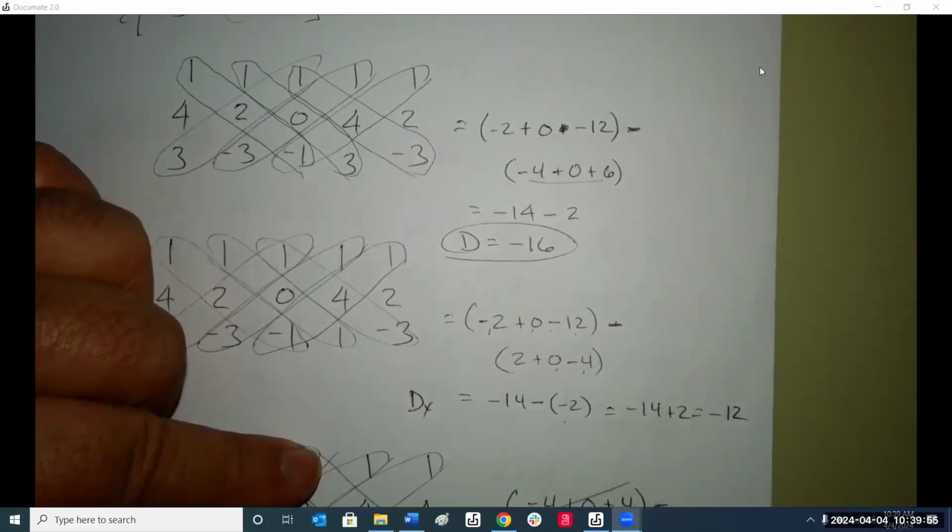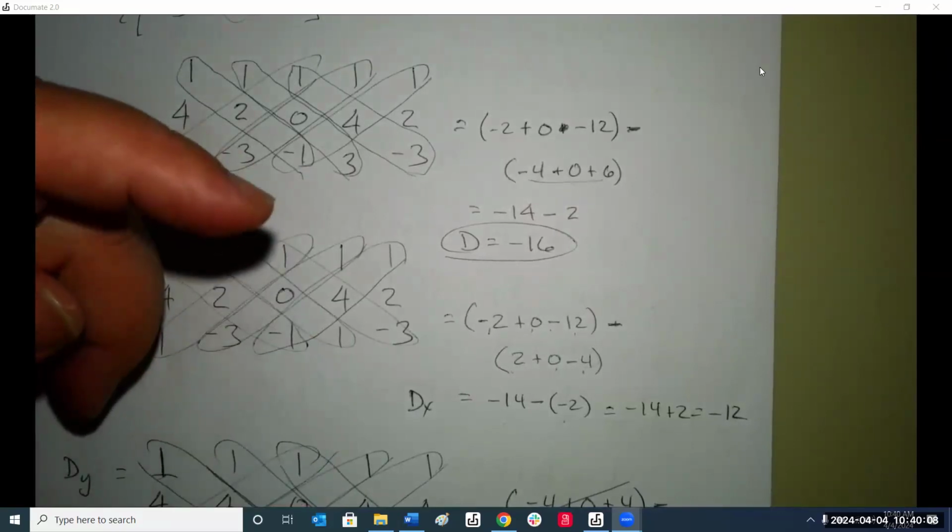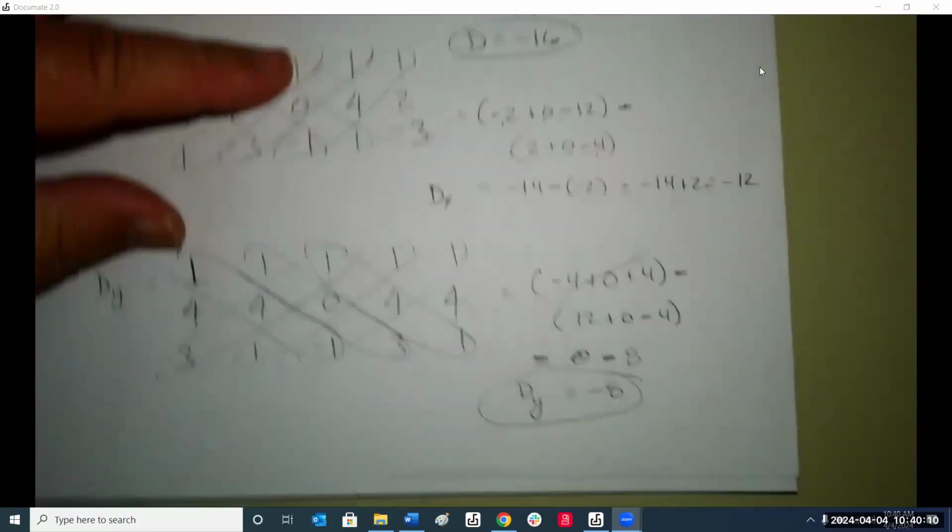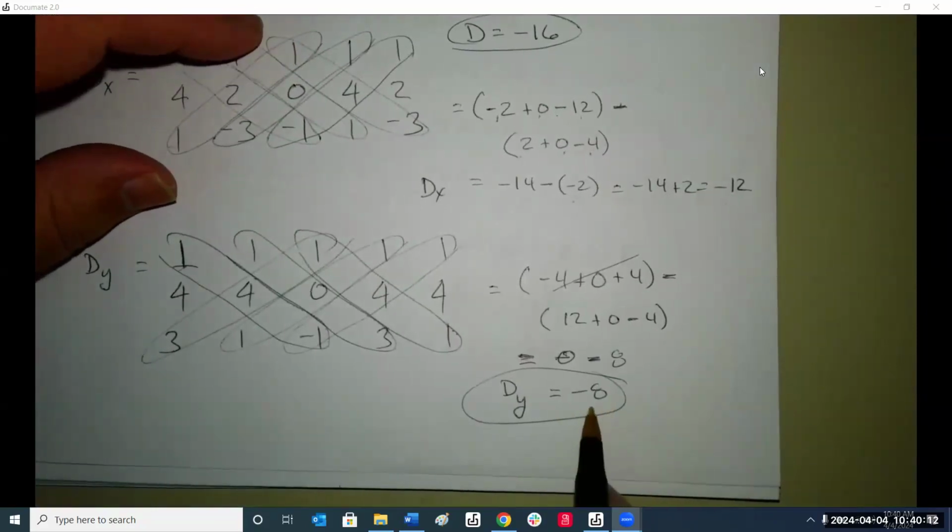So that becomes 0. 0 minus 12 minus 4 is 8. It equals -8. So dy is -8.